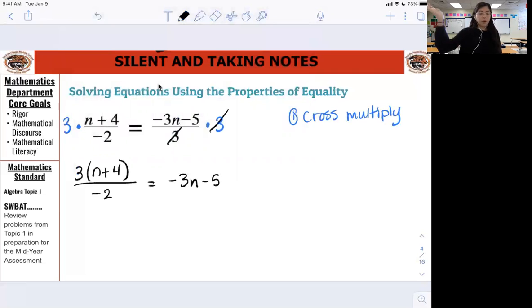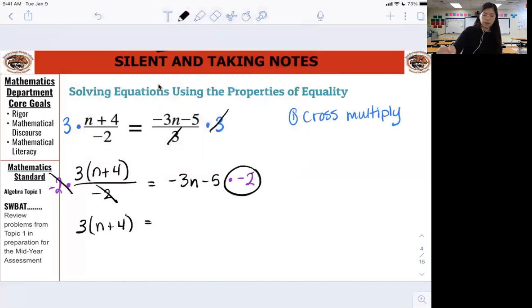So I only got rid of the right-hand side. Now I would do the same thing on the left-hand side. I have this -2. In order to get rid of it, I got to multiply by -2 on both sides. And what happens is it crosses out. And I'm left with 3 times n plus 4 equals, I have this -2. I'm going to multiply it to everything. So I'm going to put some parentheses in there.